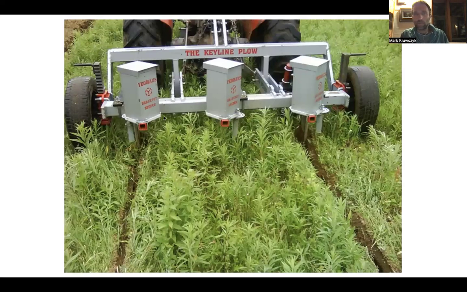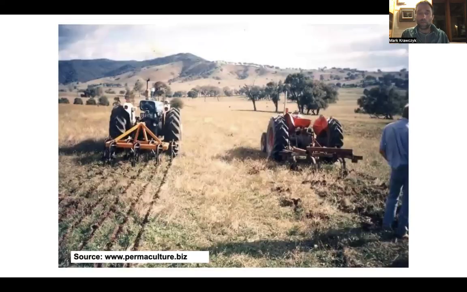So we only have 2 shanks mounted on this toolbar. We've got some seed boxes behind it and depth wheels. You can't make out the coulter discs, but those perforate the sod beforehand to help leave a real clean finish.